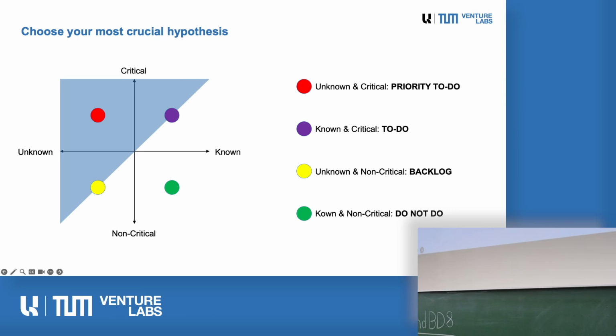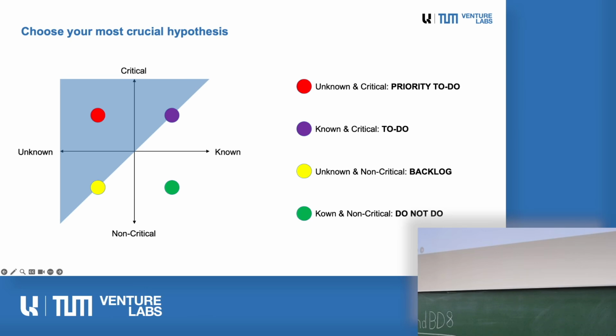For example, if you want to change your logo, I can only imagine very few cases where changing a logo actually matters to the value proposition. It's super non-critical, and it's probably known that it's not impacting your prototype. Then don't do a new logo.